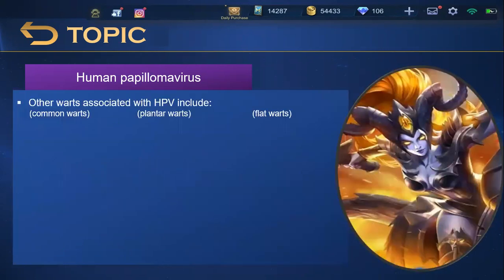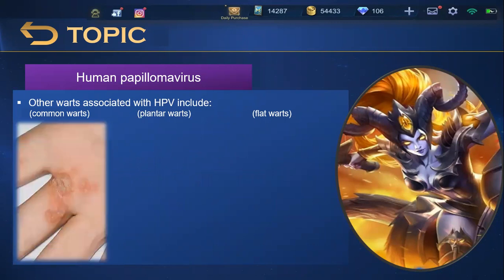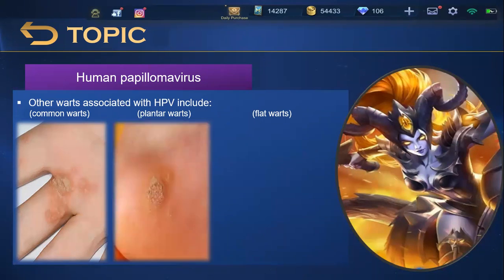Other warts associated with HPV include common warts, raised bumps most commonly found on the hands, fingers, and elbows. Plantar warts are described as hard, grainy growths on the feet, and they most commonly appear on the heels or balls of the feet.